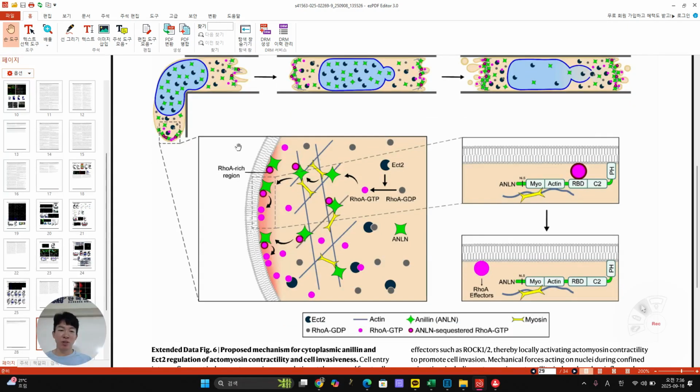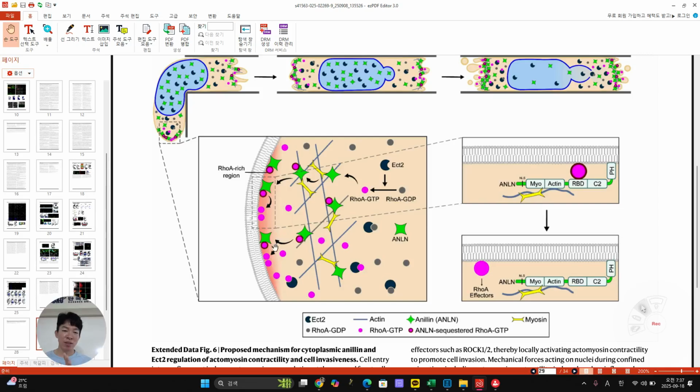power. So when you look at this initial part, the A structure, right? The green star, anillin, is localized in the cell membrane here. And then Act2, RhoA GTP. And then this RhoA GTP is binding to anillin. Anillin already has myosin here, yellow color, and actin here. And then this anillin, myosin, actin, RhoA GTP, they are localized in the cell membrane here.